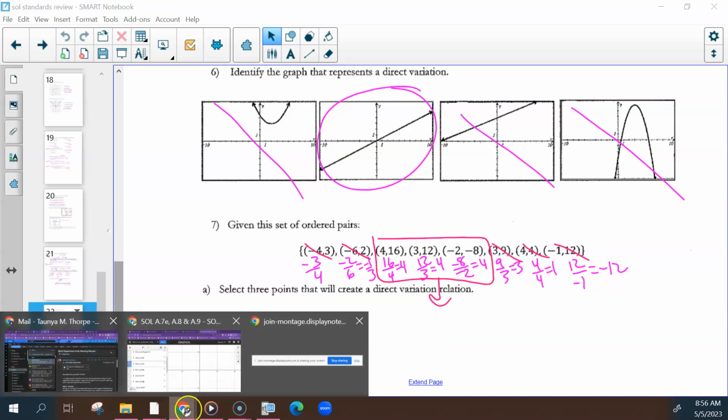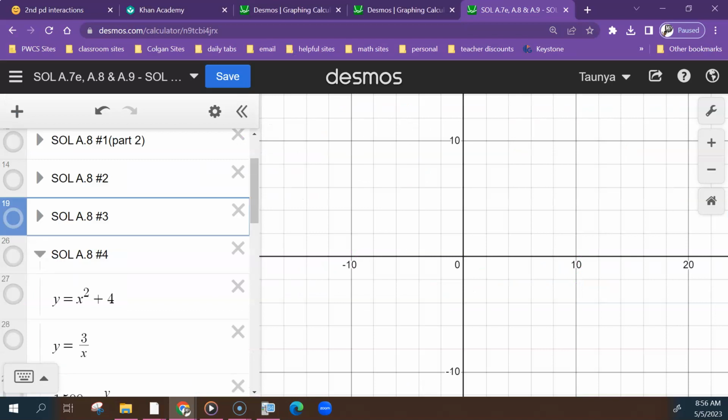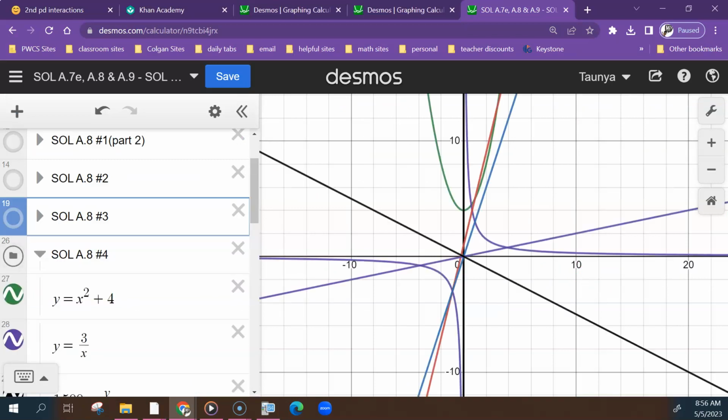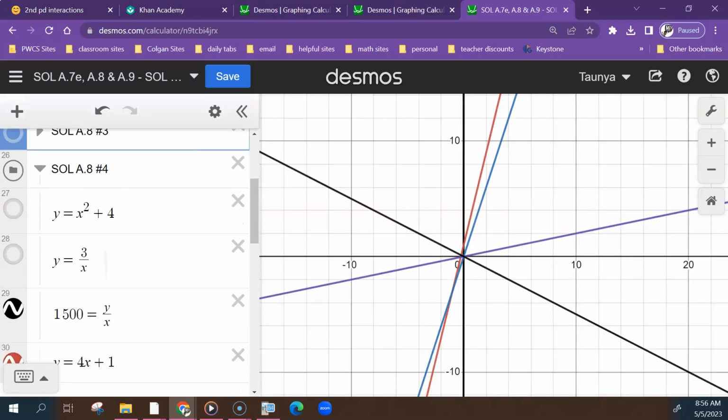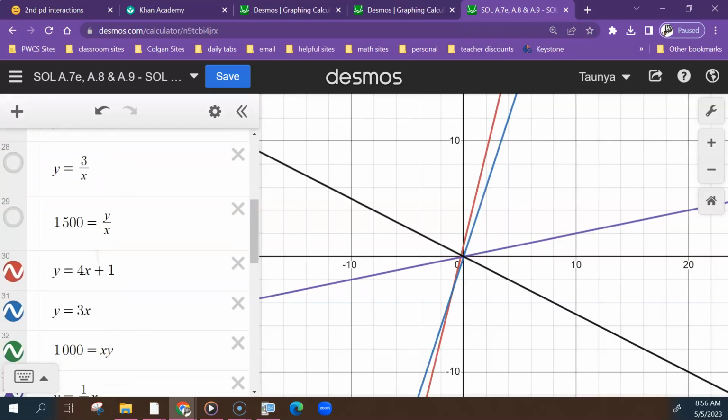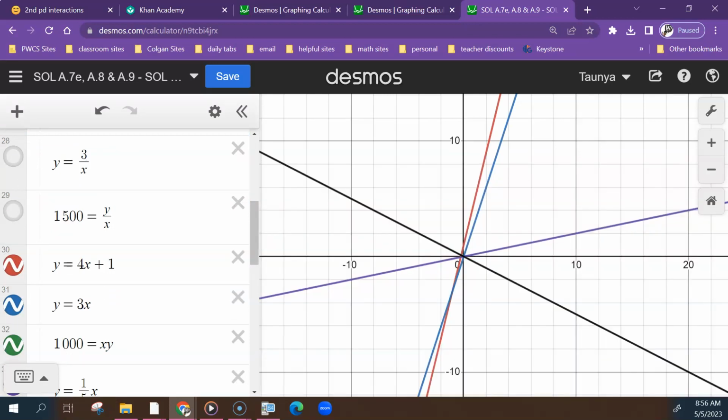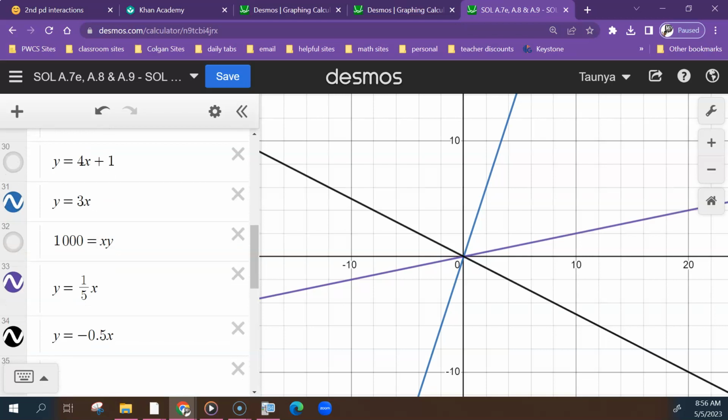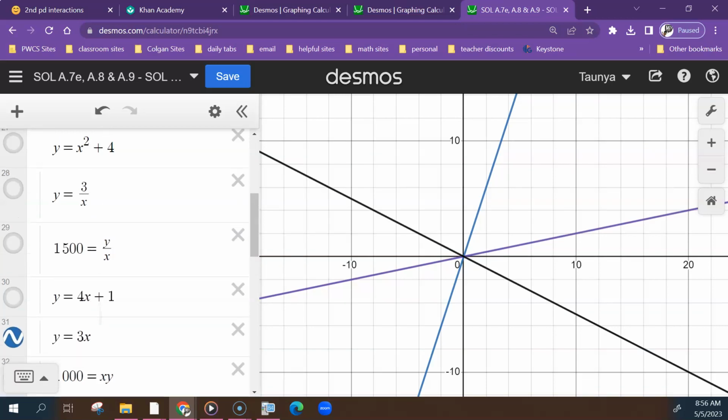I'm going to quickly show you this in Desmos. This is the one that had all the different ones, so anything that doesn't look like a line, you could get rid of. And then anything that is a line but doesn't go through the origin, you could also get rid of. And that would help you find that.